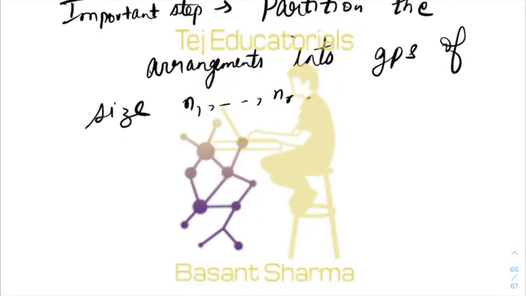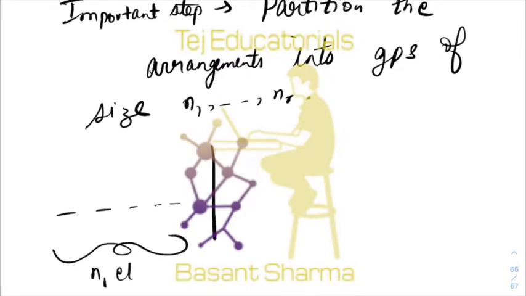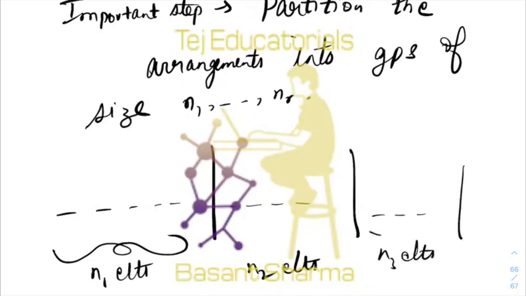Basically what we are doing is, suppose you have the first partition with n1 elements here, then you have n2 elements here, then the next partition we have n3 elements here, and so on, till this one, the last one, is nr.